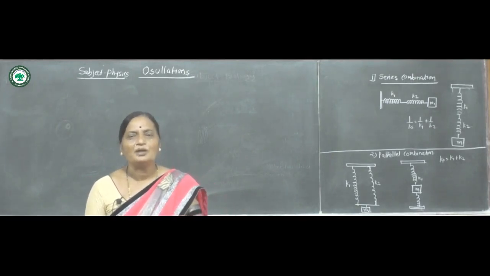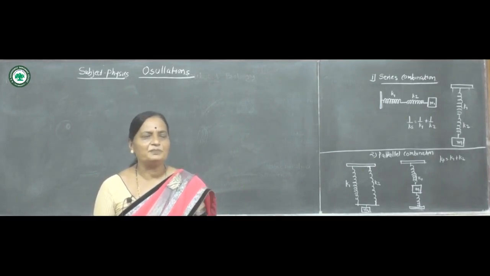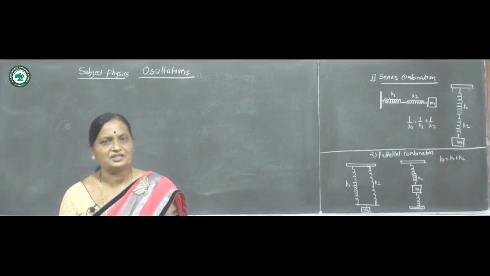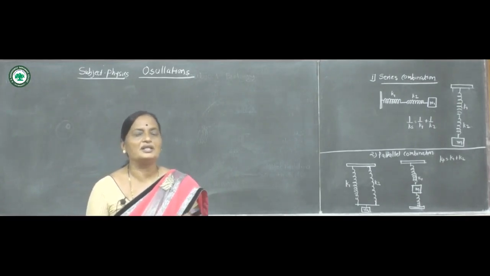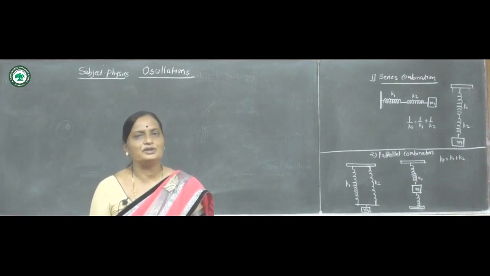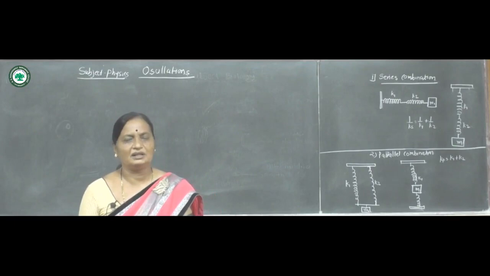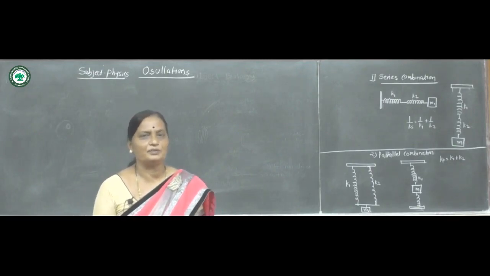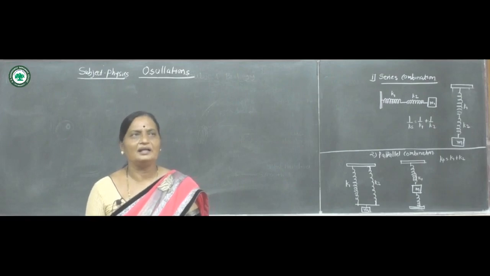Now see, the word harmonic is used for displacement, velocity and acceleration. They are in terms of harmonic functions, and the motion is in terms of harmonic motion. Therefore, the motion is simple harmonic motion. In linear simple harmonic motion, we consider the motion of a spring and block.